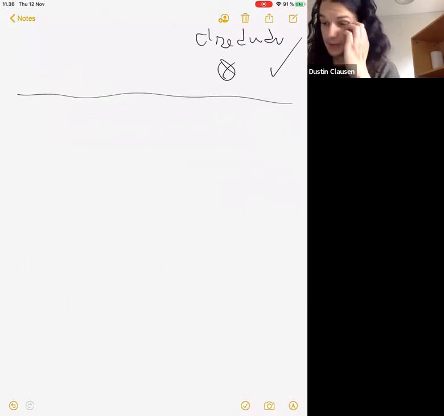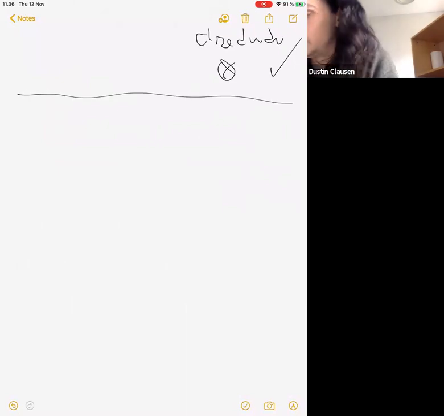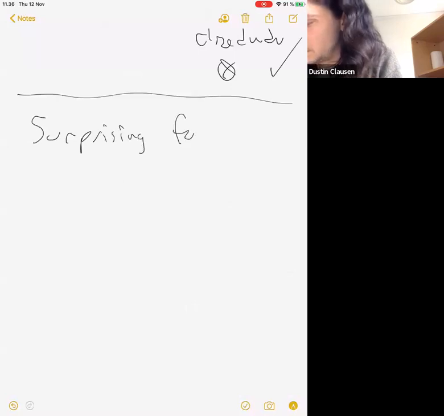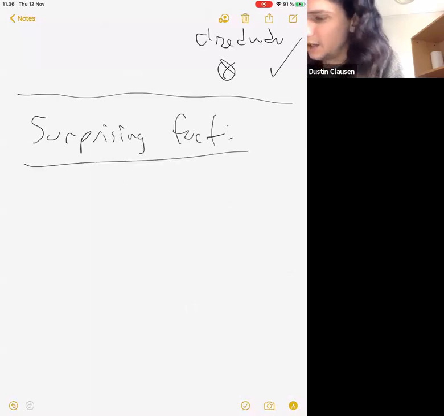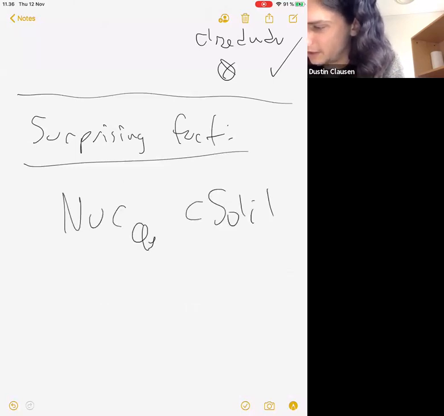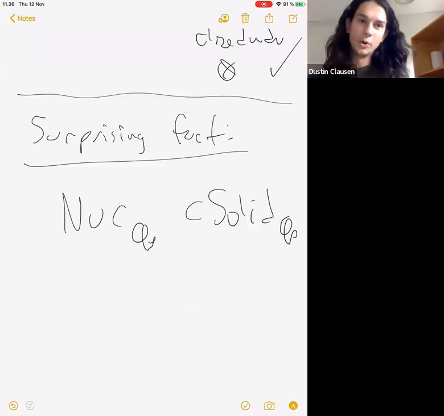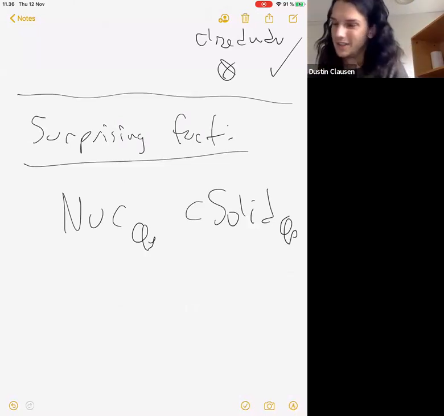I want to explain a surprising fact. So again, we have these nuclear Q_p vector spaces inside solid, and we've said it's closed under colimits and closed under tensor products.